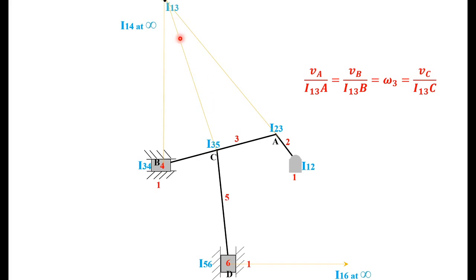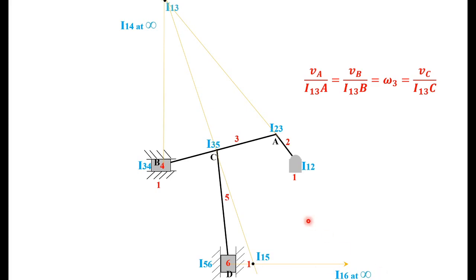Okay, I forgot to add it when explaining it. Now you join I13 and 35. Extend it to meet this horizontal line. So it will meet somewhere here, and this will be your I15. Simple. Okay, so you got I15.